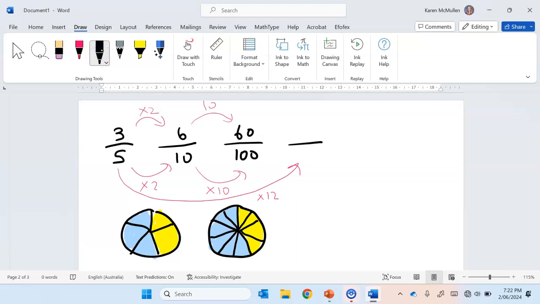All right, so 5 times 12 is 60, and 3 times 12 is 36. So another equivalent fraction, it just looks different if you were to draw it. Well, I shouldn't say different. They look the same, but you've just got more parts that you're shading.